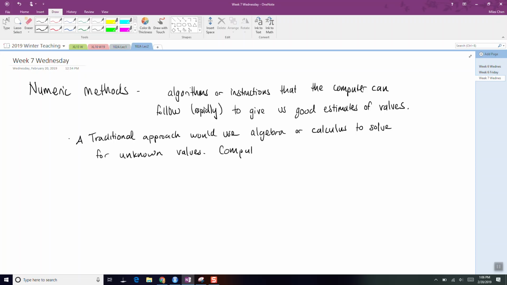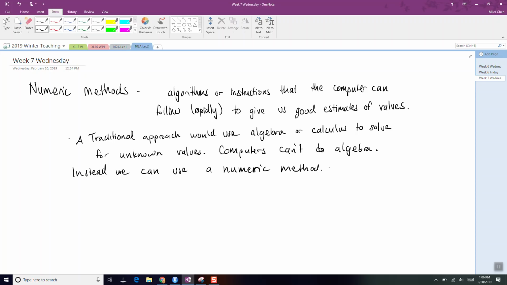Computers can't do algebra, so instead we can use a numeric method.